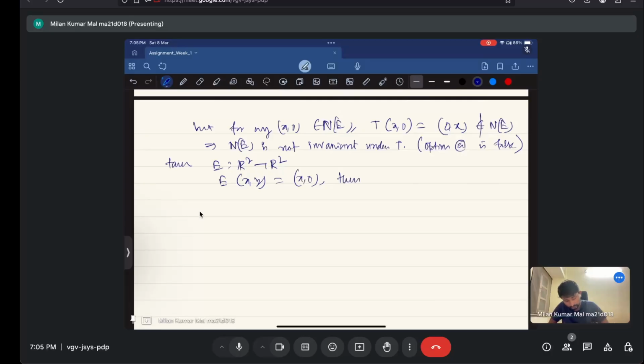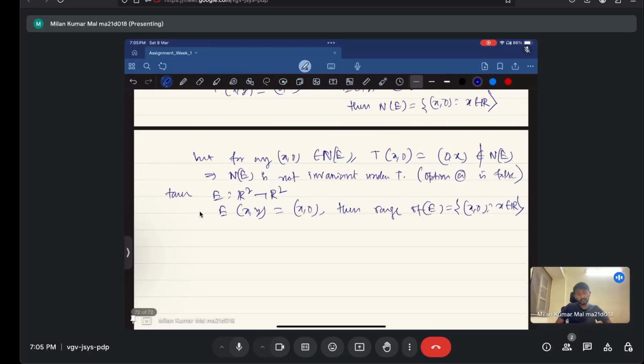Then the range of E is equal to all elements of this form, (x, 0) where x belongs to R. This is the range space.